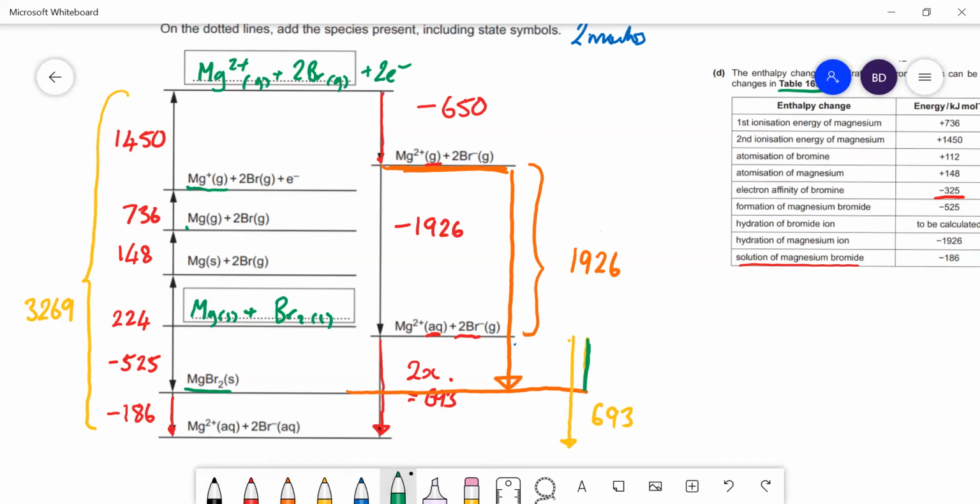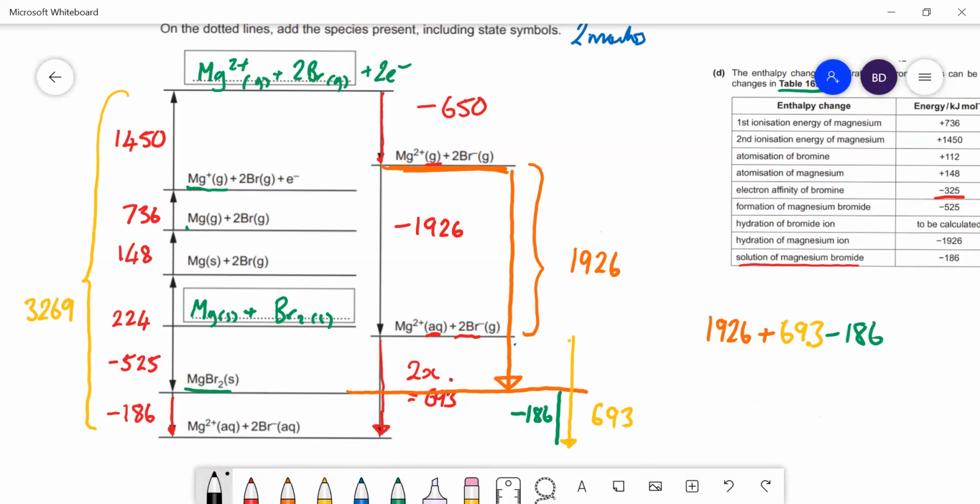We need to subtract that green bit there. And that's the enthalpy of solution, which is minus 186. So the lattice enthalpy is going to be 1926 plus 693, and then take away that green bit, minus 186.